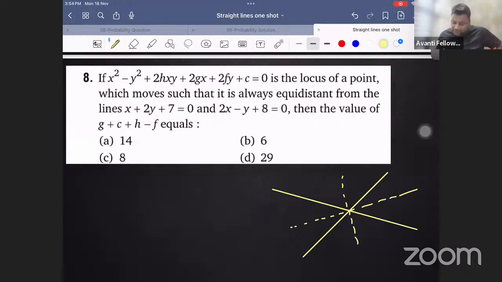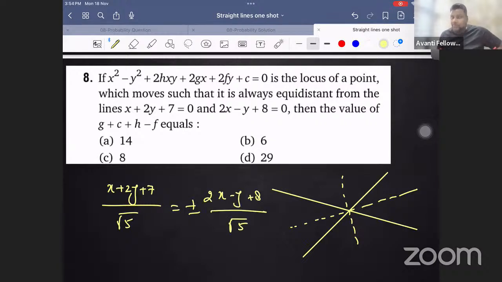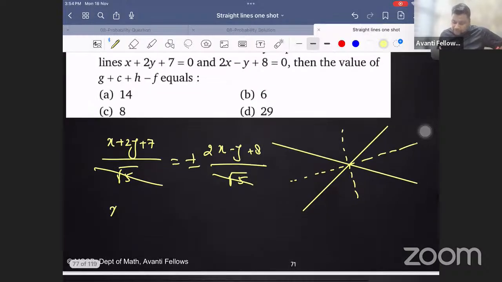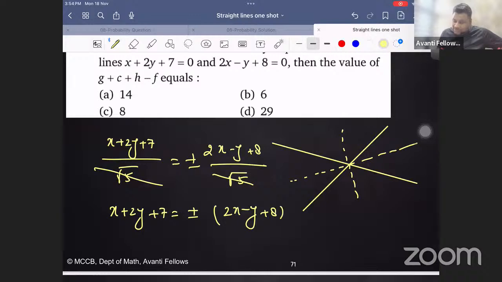So what is the equation of the bisector? x plus 2y plus 7 upon root 5 is plus minus of 2x minus y plus 8 upon root 5. Now this root 5 cancels. So you get x plus 2y plus 7 is plus minus of 2x minus y plus 8.